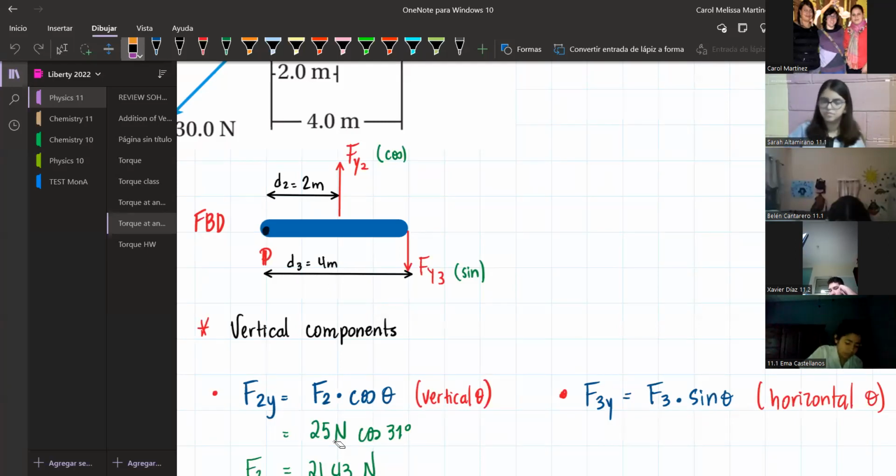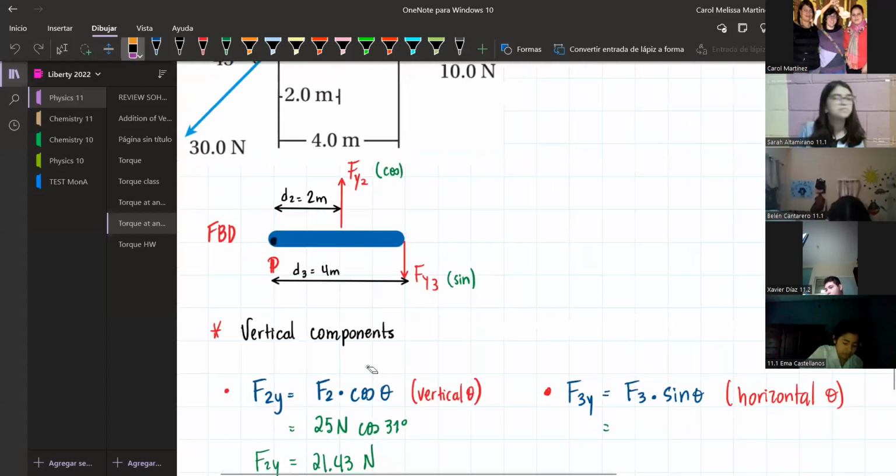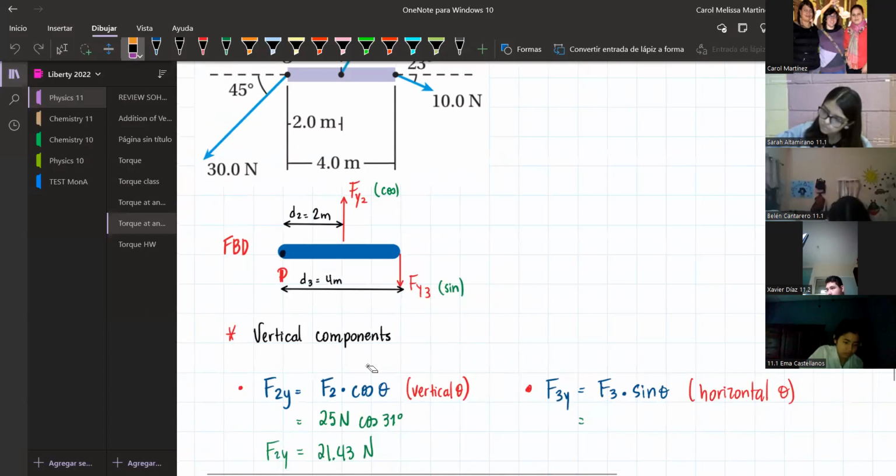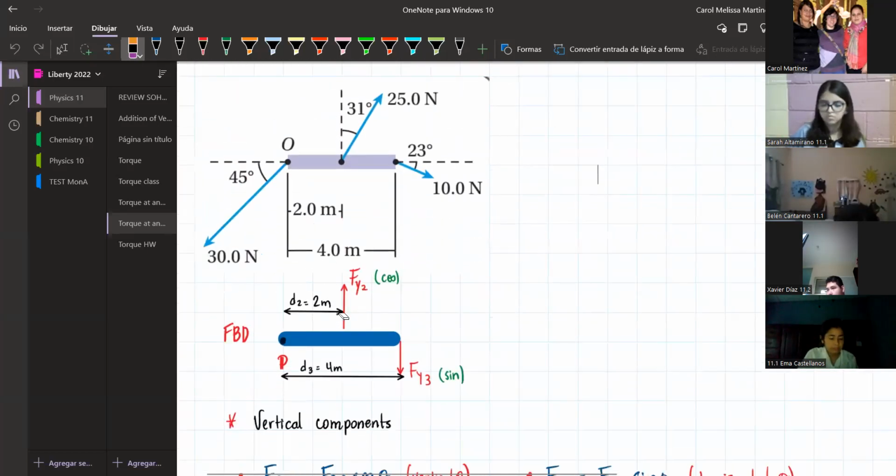My other force is equal to force 3. That is 10 Newton. Okay. Sine of the angle, in this case, the angle is 23 degrees.